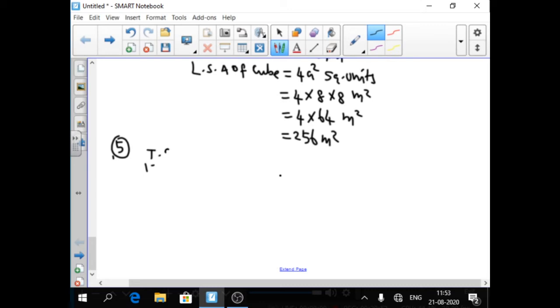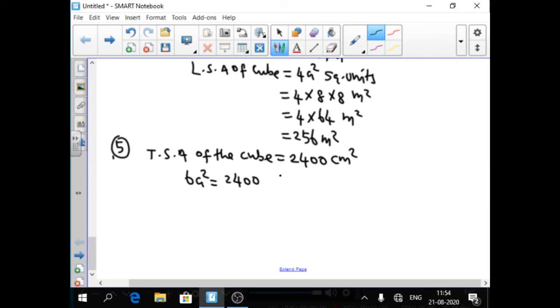Total surface area of the cube is equal to, already given, 2400 centimeter square. So already known the formula, total surface area of cube is equal to 6a squared. So 6a squared is equal to 2400.